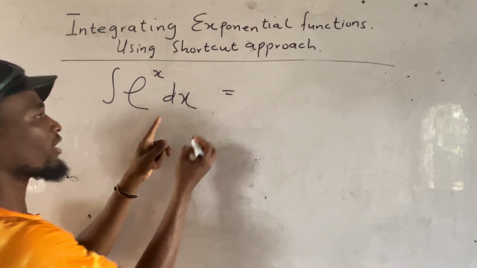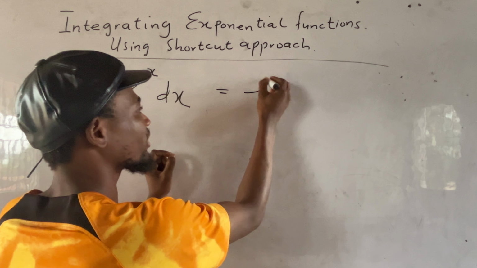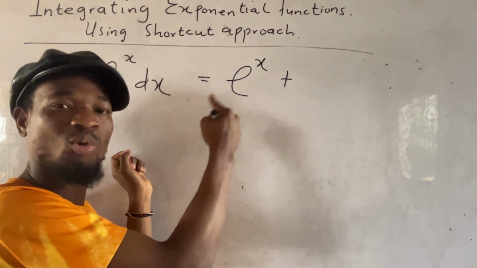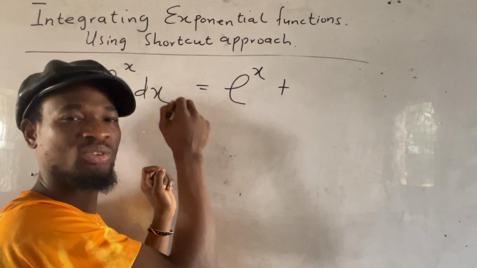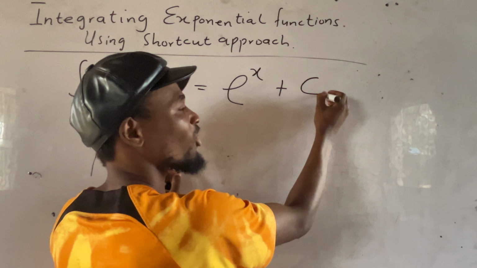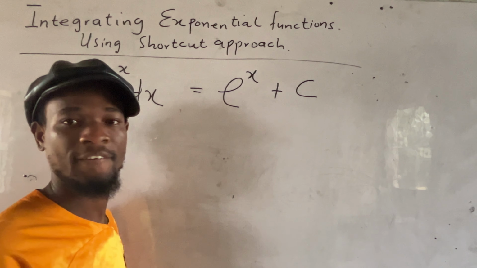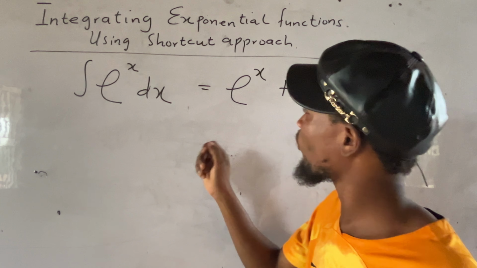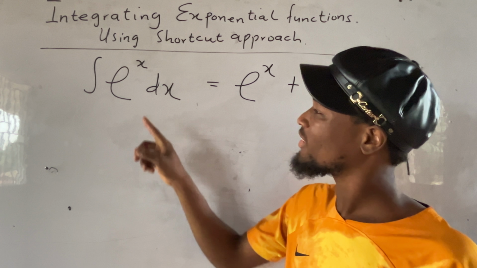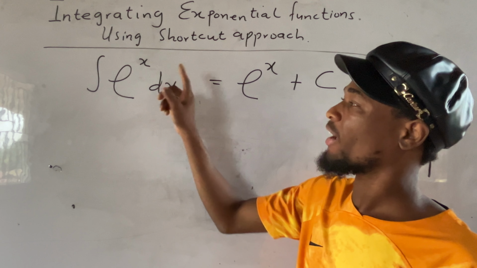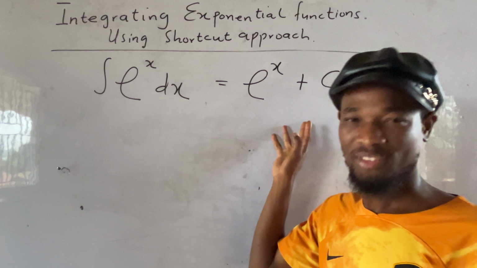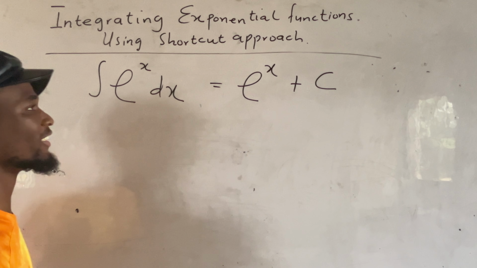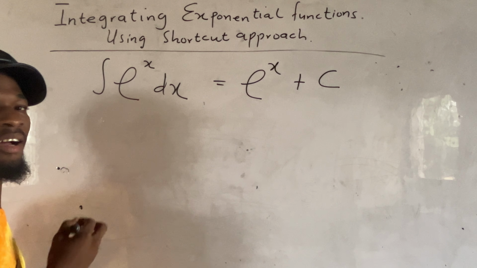The result is you still get your exponential x plus an arbitrary constant, and that arbitrary constant is what is known as the constant of integration. As simple as that. I've also proved why the integral of exponential x dx is equal to this. Having done this, let's consider examples.